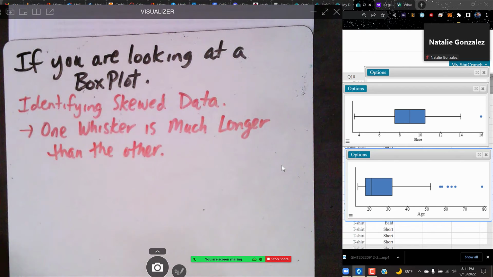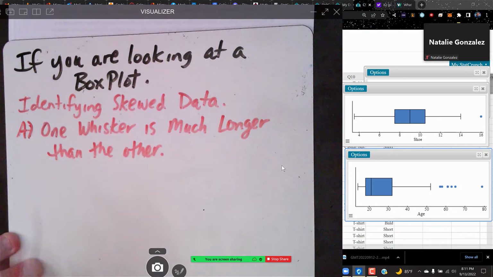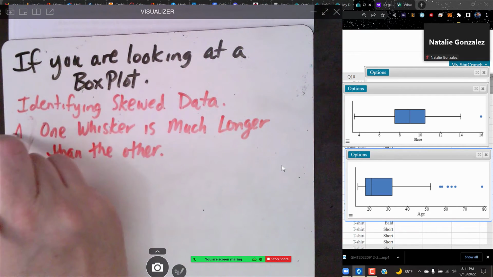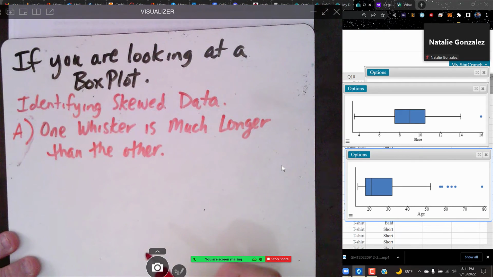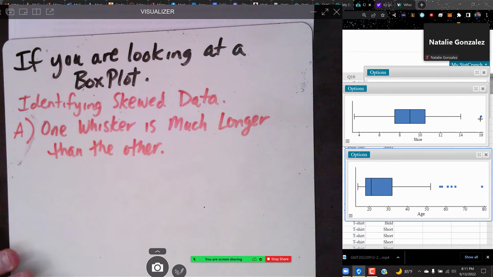This is a dead giveaway. That's the first one. We'll call that A. A is a dead giveaway for skewed data. Sometimes they don't look longer though. Like the shoe size isn't really longer, and I would say the shoe size data is not skewed. One outlier doesn't make it skewed. 7 outliers out of this many doesn't make it skewed.